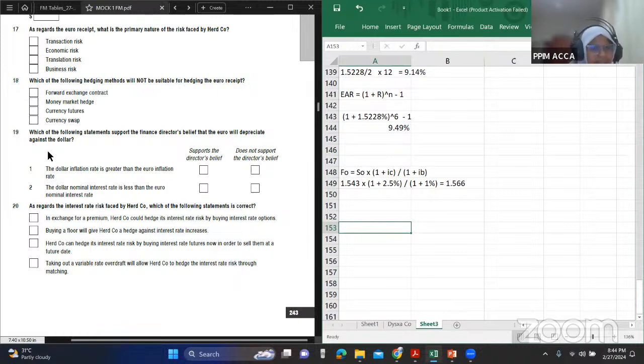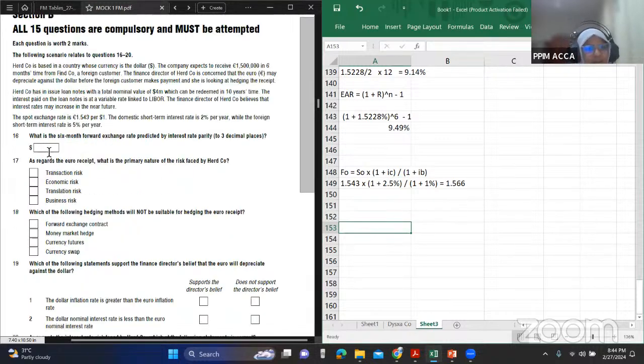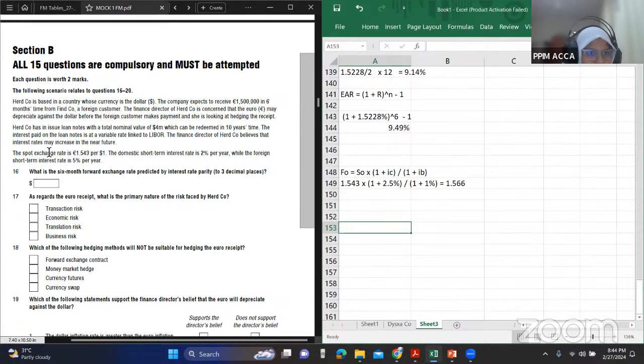If you have an interest rate option, definitely you have to pay a premium. So interest rate risk means obviously the rate is going to fluctuate. So if you have an option, that means you can fix, basically, a receipt or a payment. Yeah, we are going to actually pay interest now.